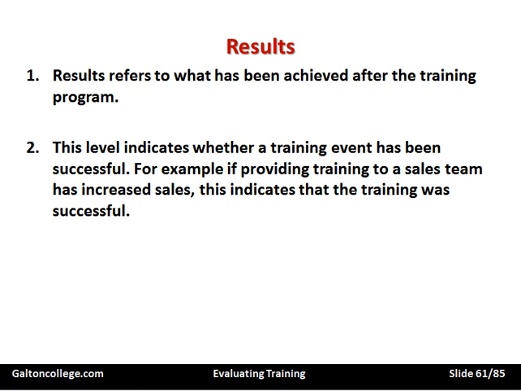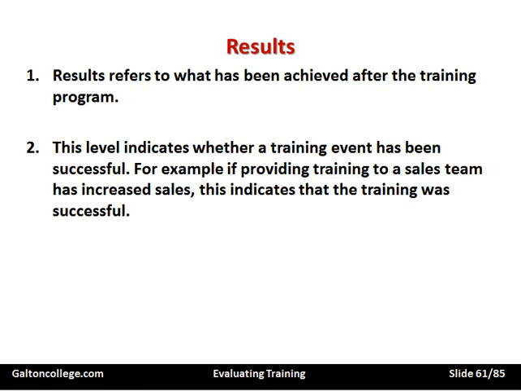So if a training program was focused on the marketing section of a business, and as a consequence of the training program, the sales force were more efficient and there were greater sales and the marketing objectives were being met, then the training program could be deemed as being successful. Now that would be an outcome.